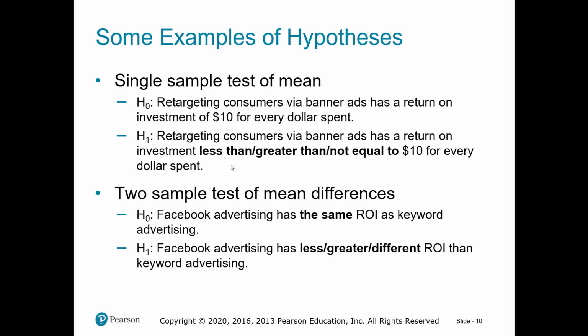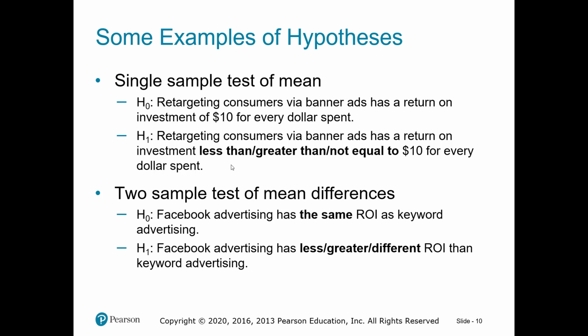Okay, so here's a little selection of what we're going to be covering in this chapter, and just some hypotheses to go with them. So a single test of mean, we're basically seeing if a mean is a certain point value. So here's my little business example. Retargeting consumers via banner ads has a return on investment of $10 for every dollar spent. That's the null hypothesis.